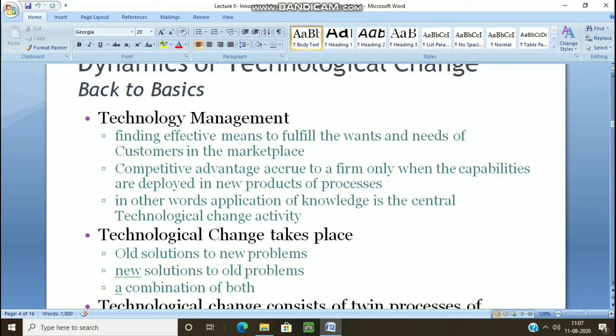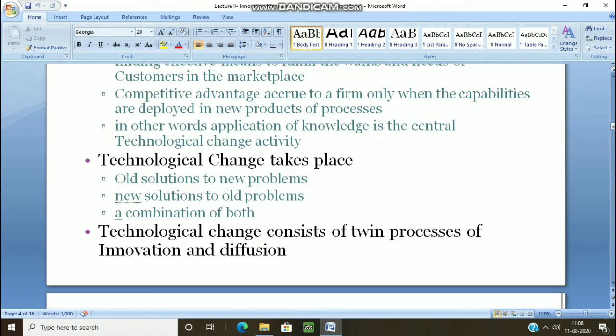Here we first think about whether it is possible to implement this technology in a particular software, so it will be beneficial for competitive advantage when the capability is deployed in new products or processes. In other words, we can say application of knowledge is the central technological change activity.